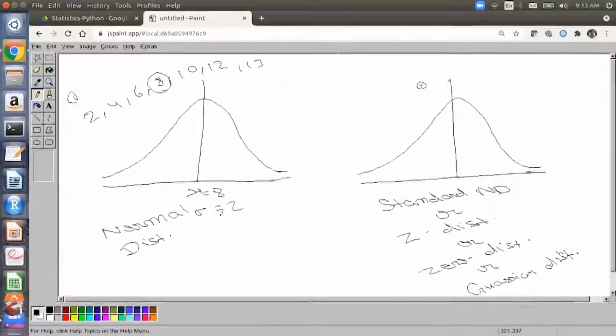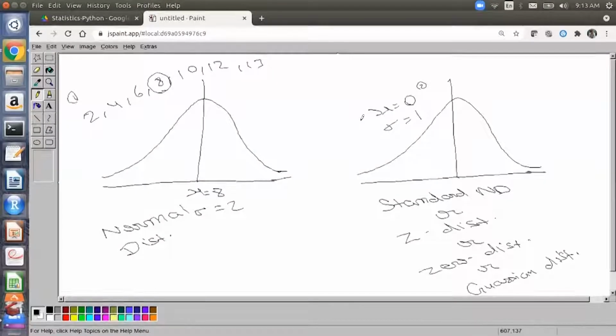Now the speciality of the standard normal distribution: for exactly the same data set, what will be the mu value? 0. Sigma value 1. The speciality of the standard normal distribution is that for any data set, the mu will always be 0 and sigma will always be 1.